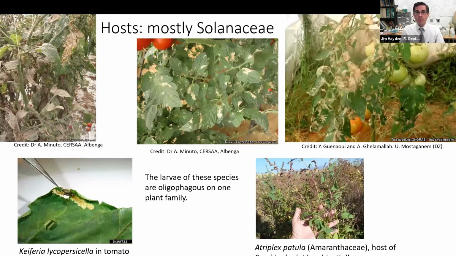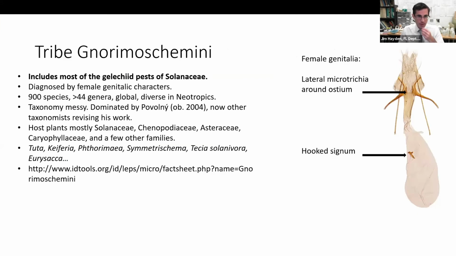The host plants in this group are, sorry to make you jump around, various families, including Chenopodiaceae, Asteraceae, Caryophyllaceae. But like I said, most of the pests on Solanaceae are concentrated in this tribe.